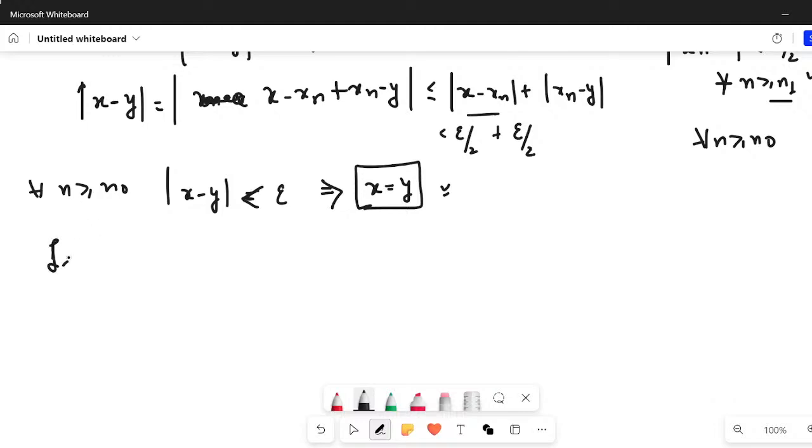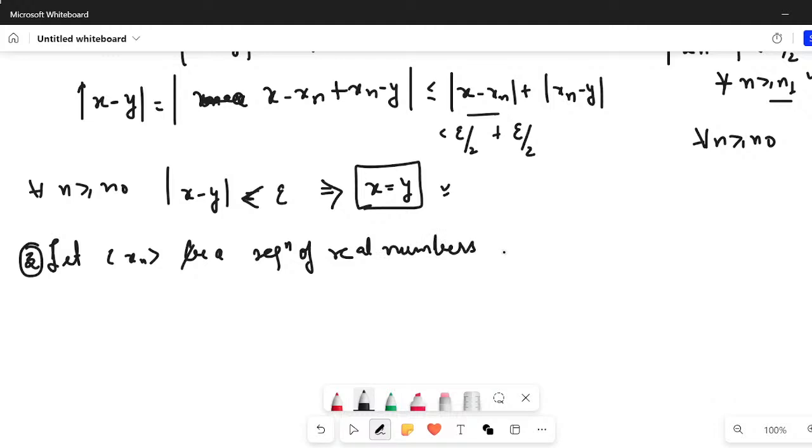Another important point that I'm going to write: let xn be a sequence of real numbers, and if xn converges to x, then modulus of xn also converges to modulus of x. But the converse is not true.